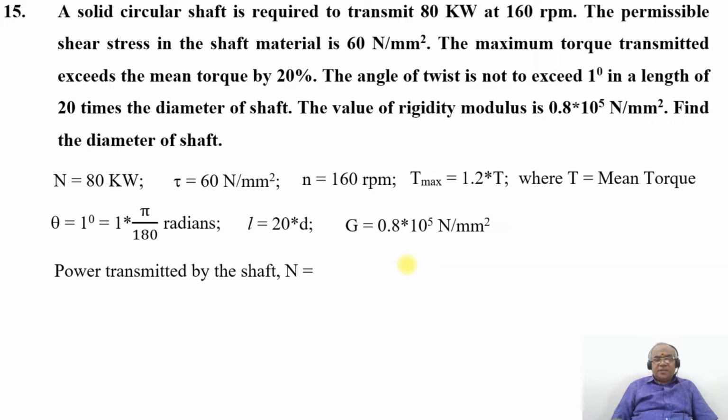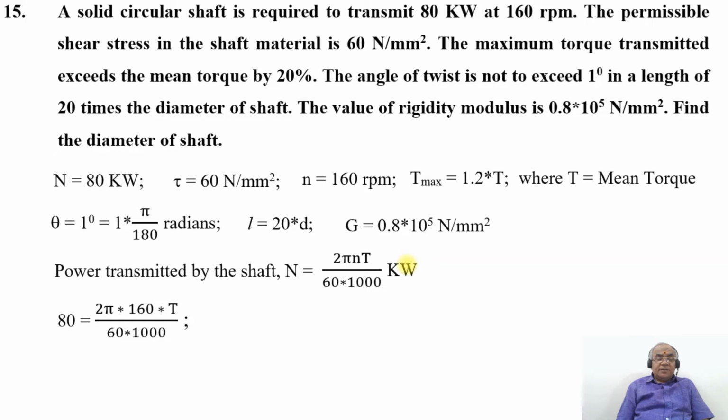The power transmitted by the shaft, which is capital N, will be equal to 2 pi into N into T mean divided by 60,000. So substitute the values now. Capital N will be equal to 80, that will be equal to 2 pi into small n, which is 160, into T mean divided by 60,000.